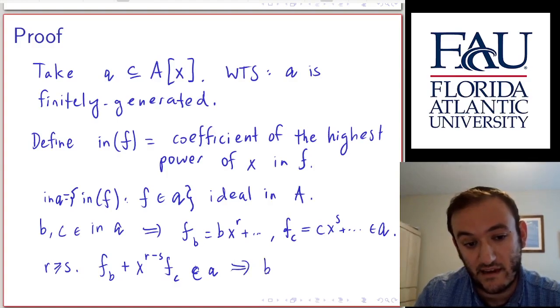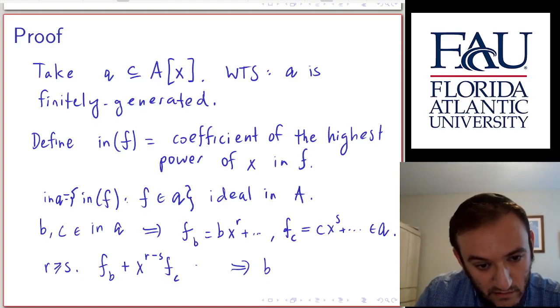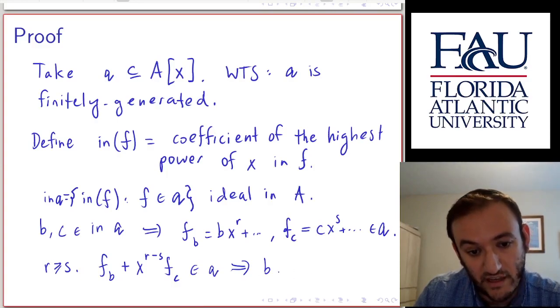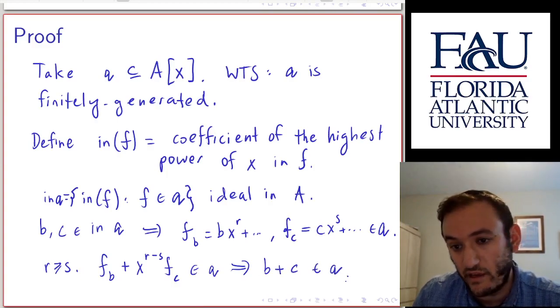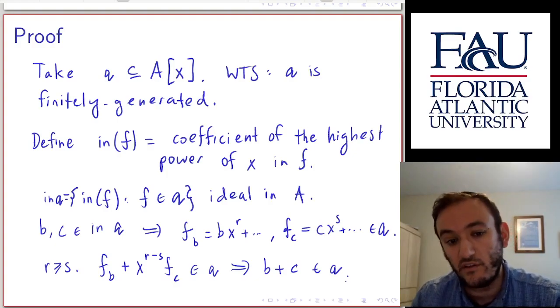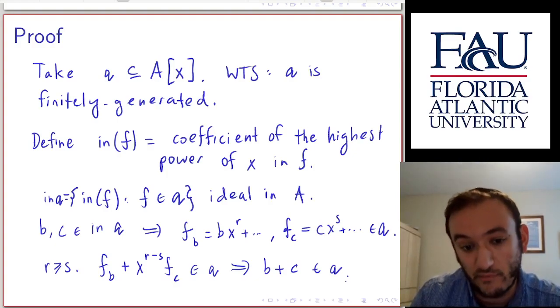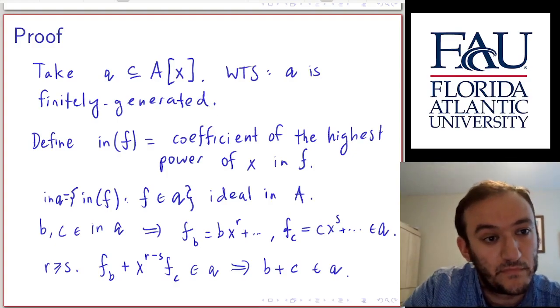So this means that b plus c is in the initial ideal. Okay, and scaling, you can easily scale any polynomial which scales the initial term. So clearly this is an ideal.